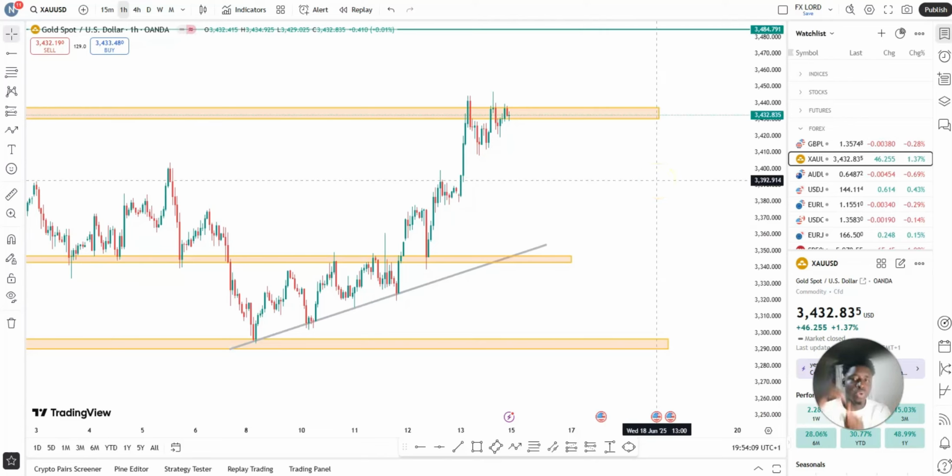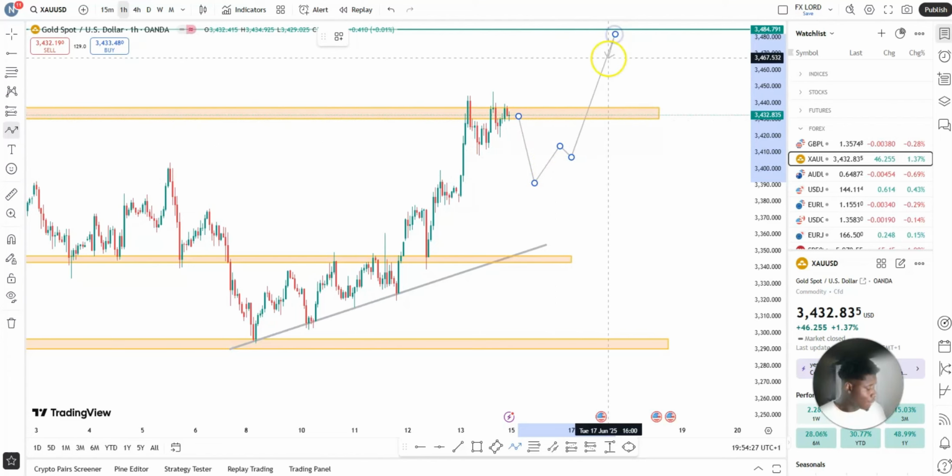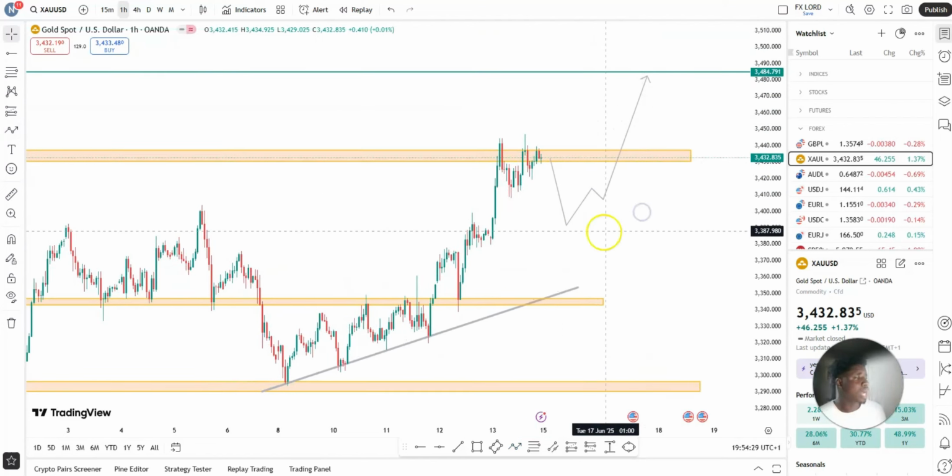There are times the market will retrace to gain momentum before continuing. So I'll be expecting the market to drop a little bit into this level before retracing back to the upside. So I'm looking out for something like this to happen.